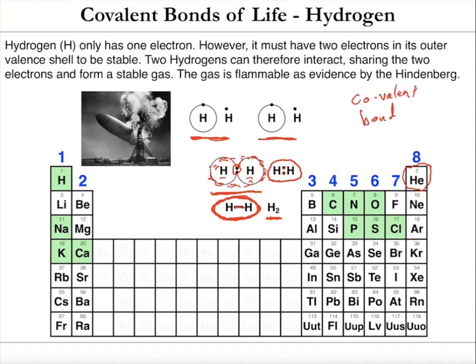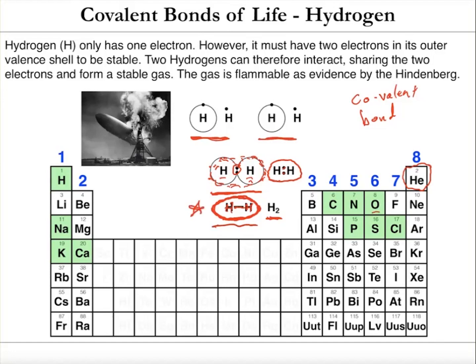If you see this structure right here and you have some understanding of chemistry, you understand that it's two hydrogen protons sharing two electrons via this bond, and that's how they're able to be stable and fill their outer valence shells. This hydrogen gas is very light.